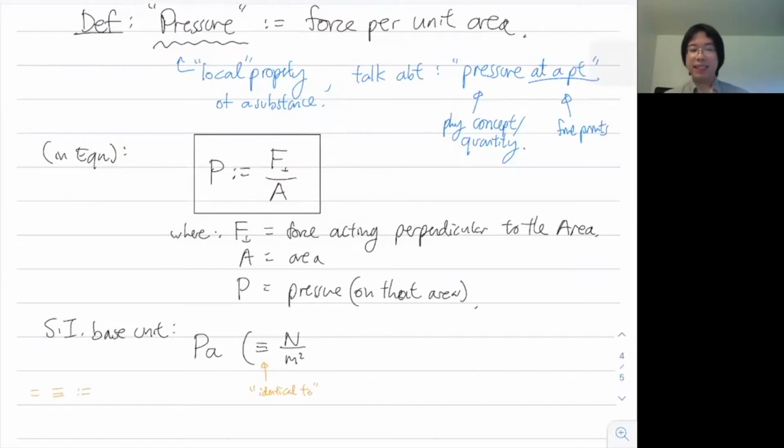The first one means equal to, the second means identical to, the third one means it's defined as. Defined, identical, equal. Of course, if it's a definition, I can say it's equal. A lot of times I will just use the equal sign. But when I want to emphasize that Pascal is identical, it's basically just another name, a lazy way to write newtons per meter square, right?